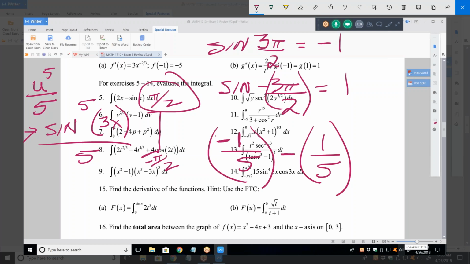So we have minus 1/5 minus another fifth. There's your answer. That is the area under that curve, and it's net below the x-axis because it's negative.